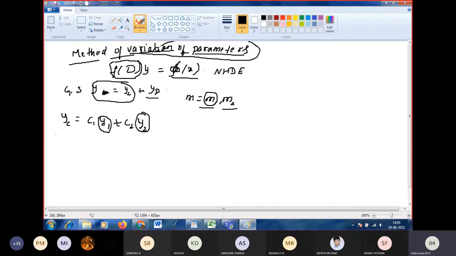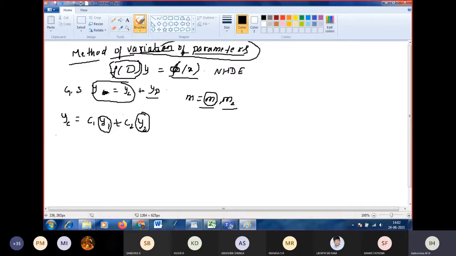Since Y1 and Y2 are two independent solutions of the given equation, their linear combination C1 Y1 plus C2 Y2 is also a solution.